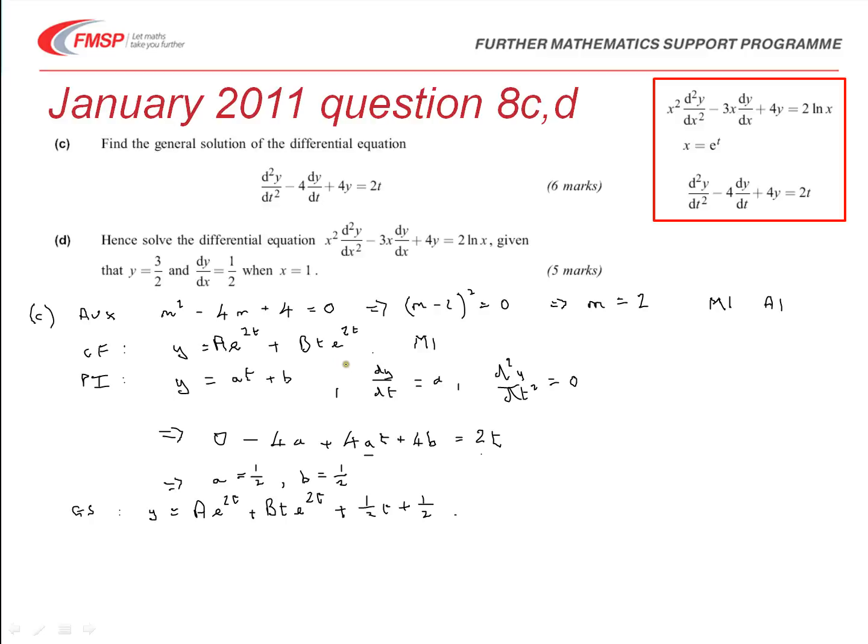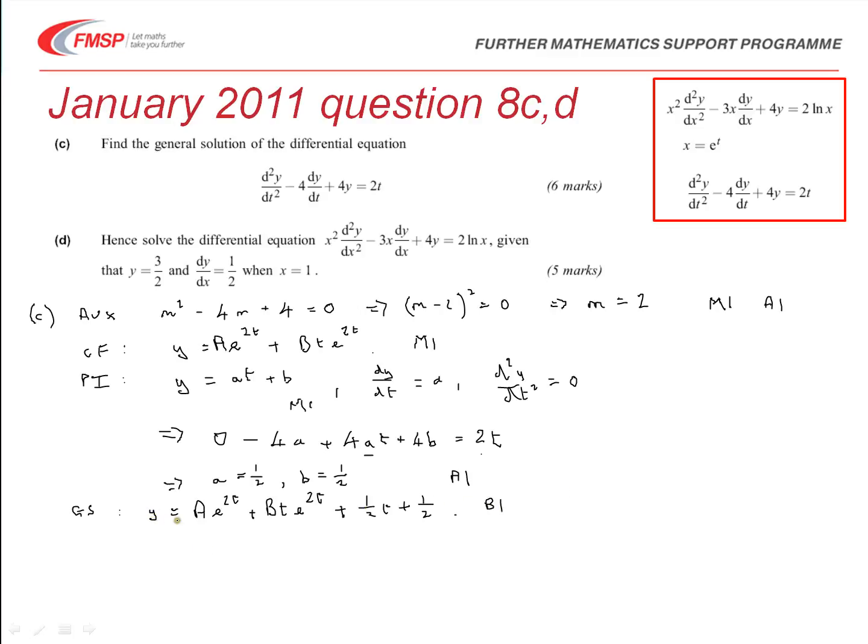Similarly then for the particular integral, suggesting that it should be at plus b will give you 1 mark. For then obtaining b as a half and a as a half, you'll get 1 mark. And then for giving the correct version of the general solution, that will give you 1 mark from there.